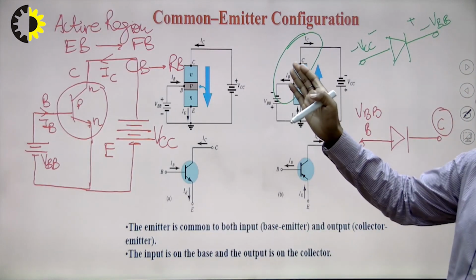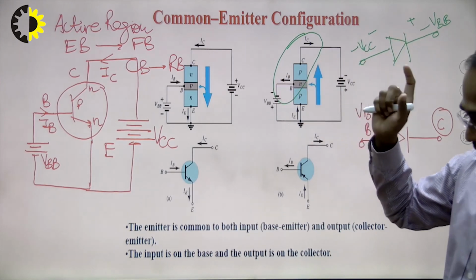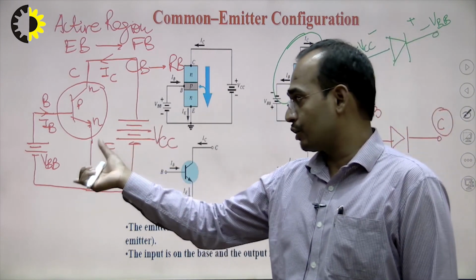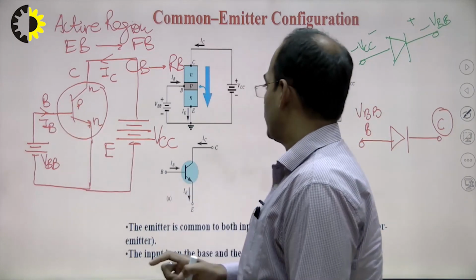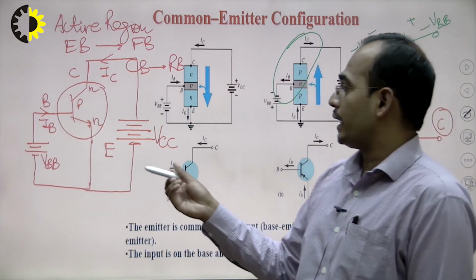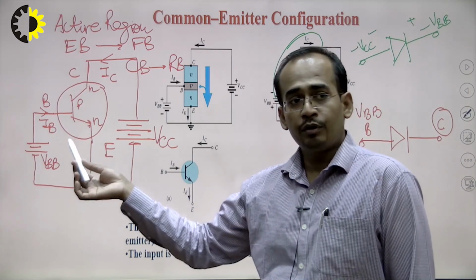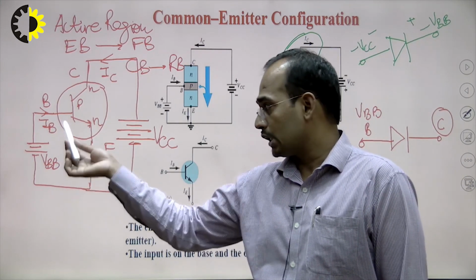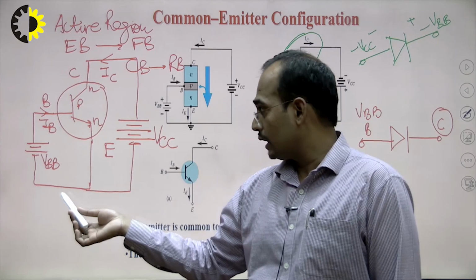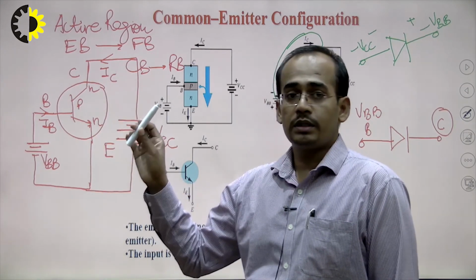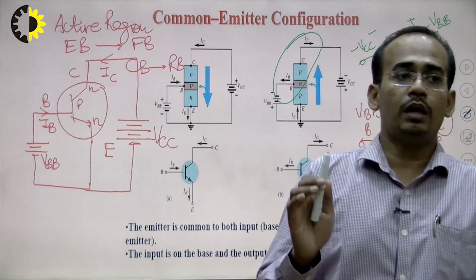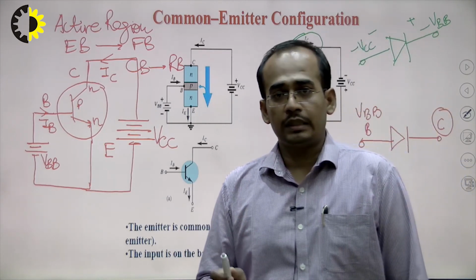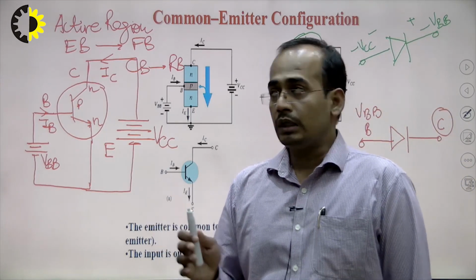What will be the input characteristic? It will be drawn between input current and input voltage. I mean to say, input current is IB, input voltage is VBE, by taking output voltage constant. It means for different values of VCB, you can draw the input characteristic between IB and VBE.